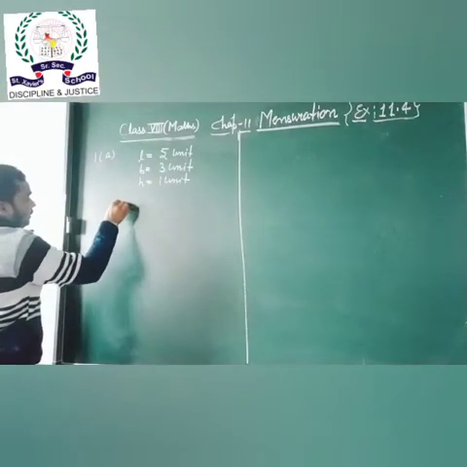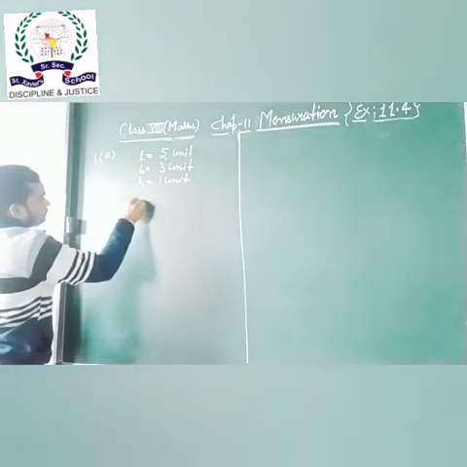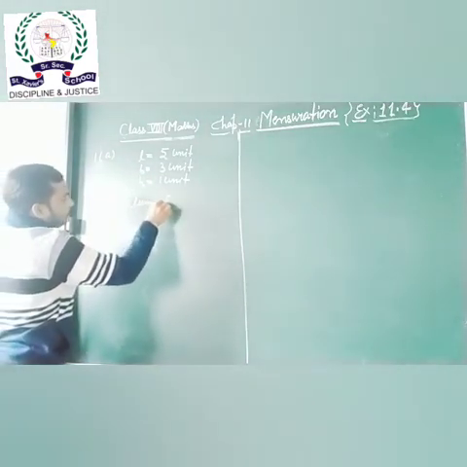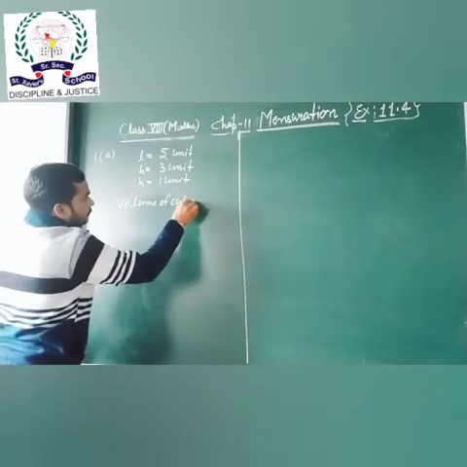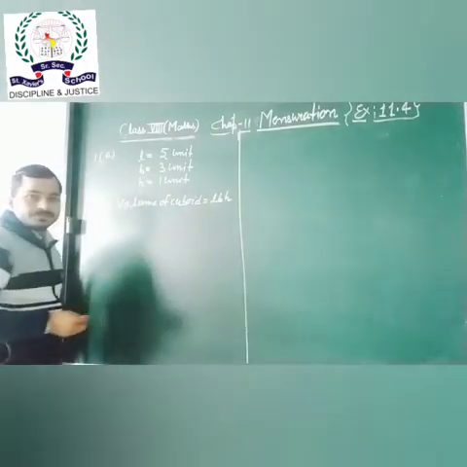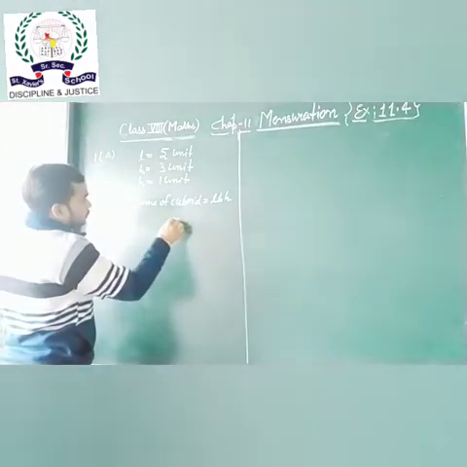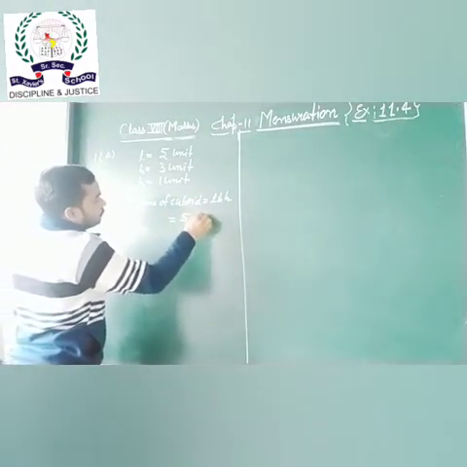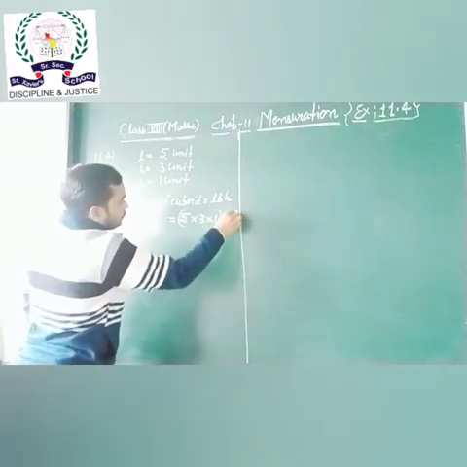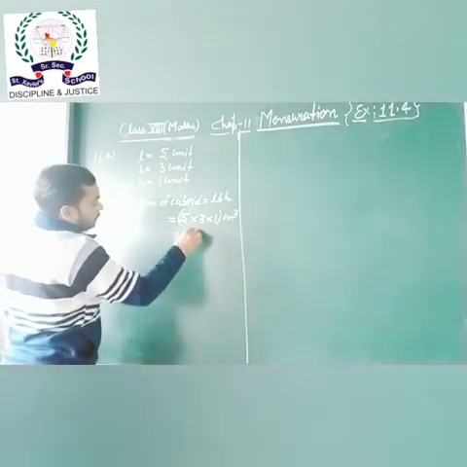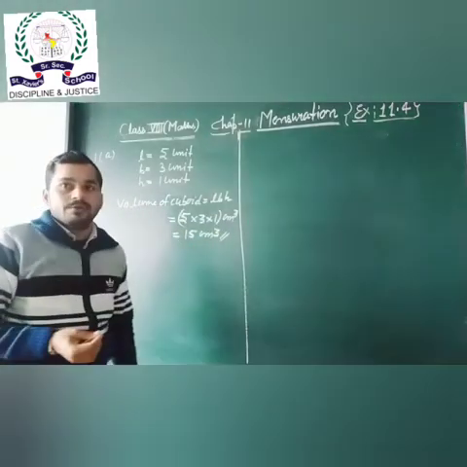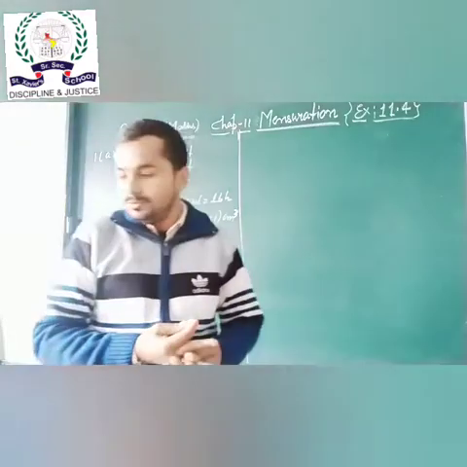So when we find the volume of cuboid, it equals length into breadth into height. The value is 5 into 3 into 1 centimeter cube. So 5 threes are 15 centimeter cube. So volume of cuboid is 15 centimeter cube.